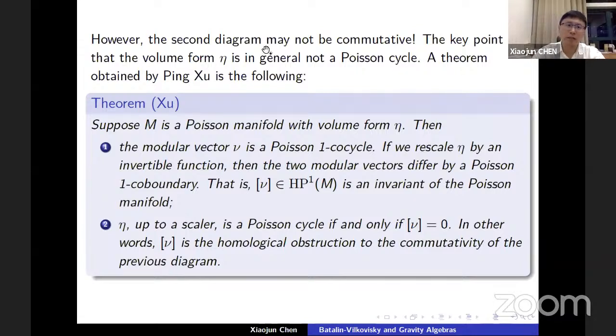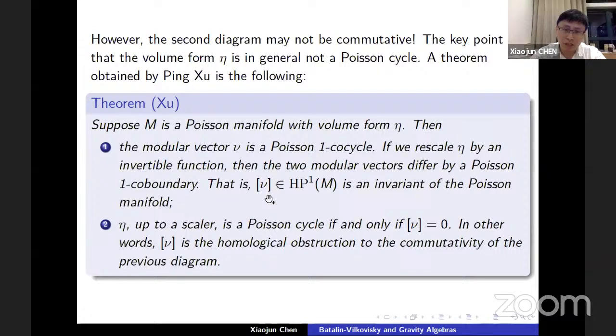A theorem obtained by Ping Xu in 1998 is the following. Suppose M is a Poisson manifold with volume form eta. Then we have two statements. The first one is that the modular vector nu is a Poisson cocycle. If we rescale the volume form eta by an invertible function, then the two modular vectors differ by a Poisson one-coboundary.